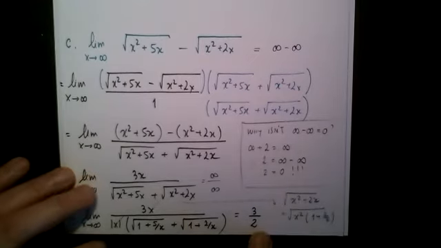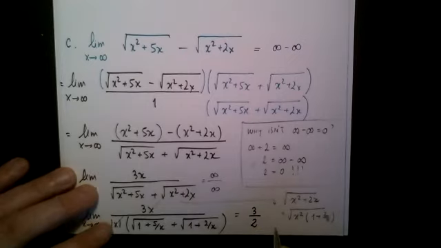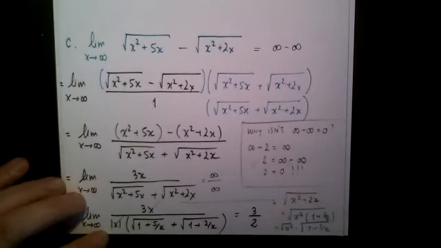I don't know if you could see, it's a bit small. And that's the square root of x2 times the square root of 1 plus 2 over x. That's what I really did, I just distributed the root on each. And the square root of x2 is the absolute value of x.